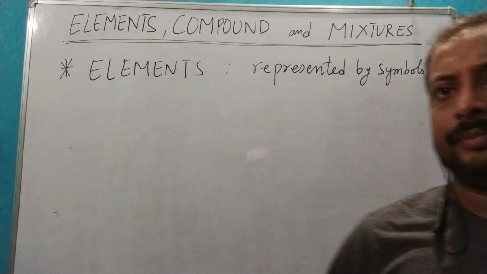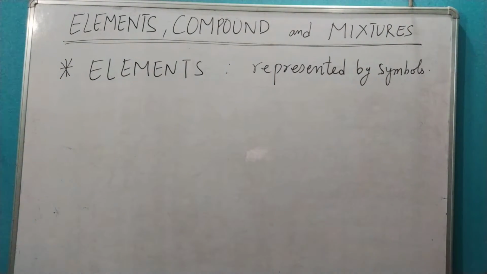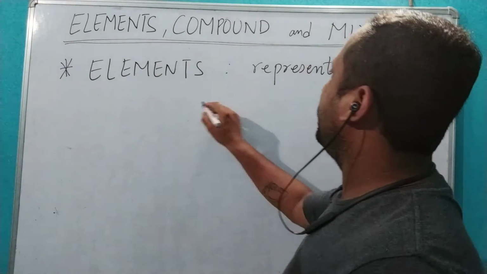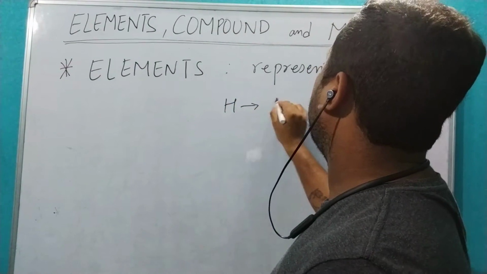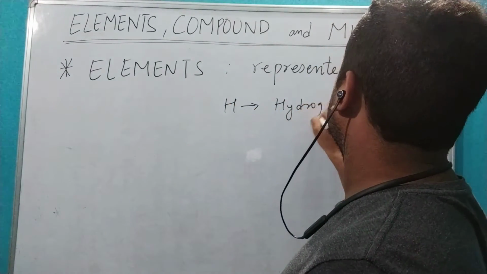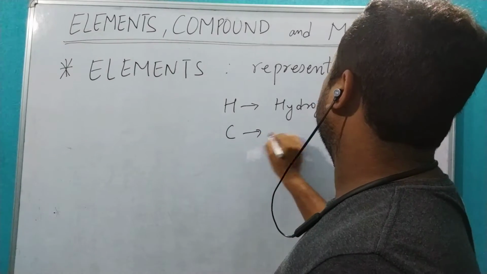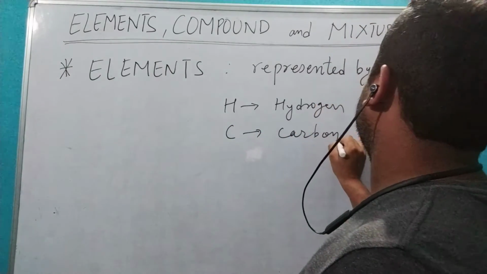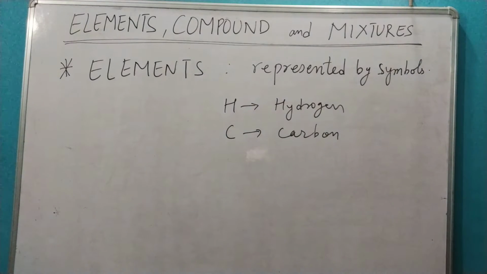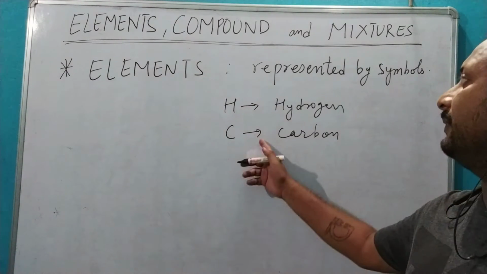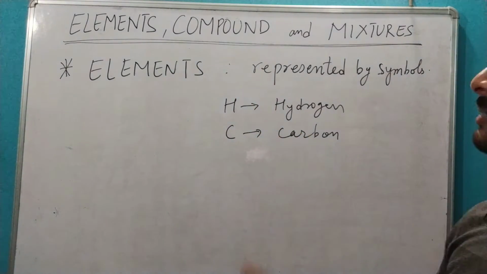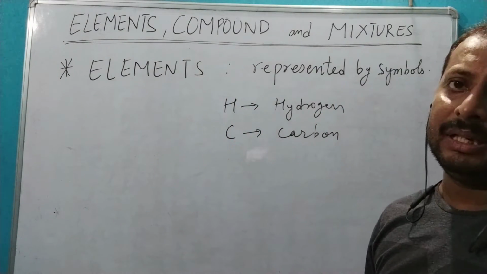First of all, you will see H for hydrogen, C for carbon. These letters are capital letters. The first letter of the symbol of any element is always written in capital letter.